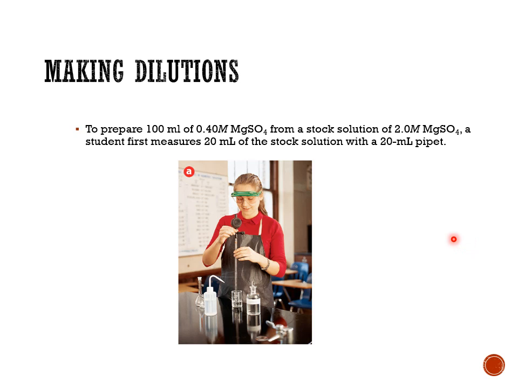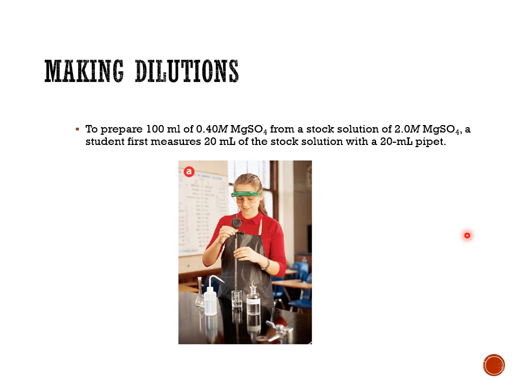So, in laboratory practices naman, how are you going to make dilutions? So, for example, to prepare 100 ml of 0.4 molar MgSO4 from the stock solution of 2 molar. So, ibig sabihin meron ka ng previously prepared na 2 molar na MgSO4.